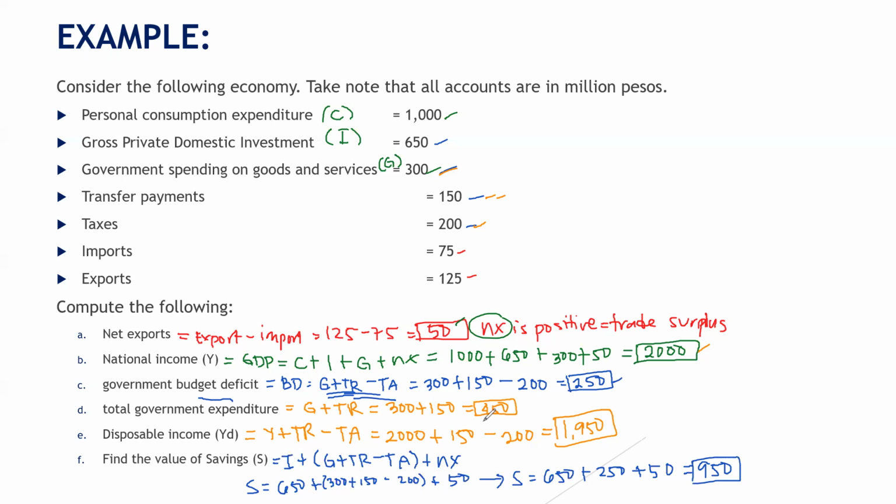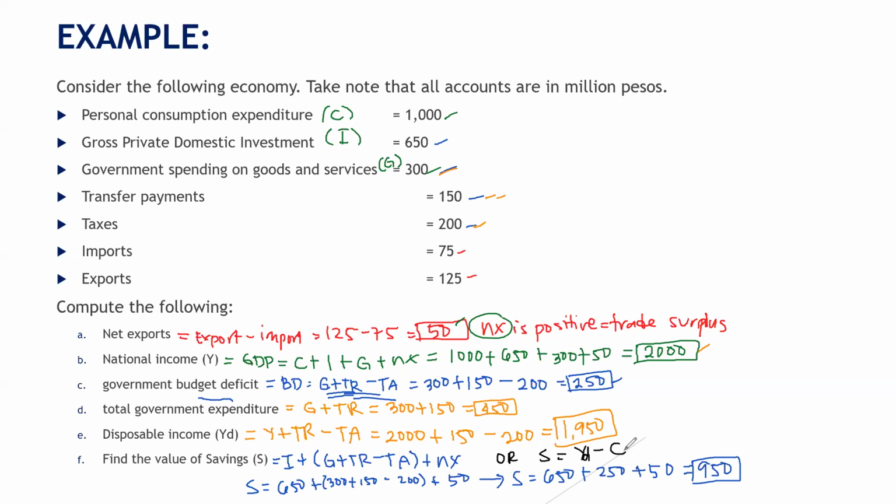Or we can use another formula. In another formula, we can say savings is equivalent to Y, the income, minus the consumption, right? Since there's a transfer payment here, the Y here should be the disposable income.